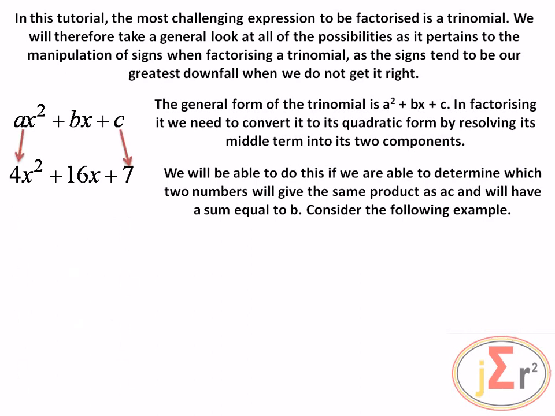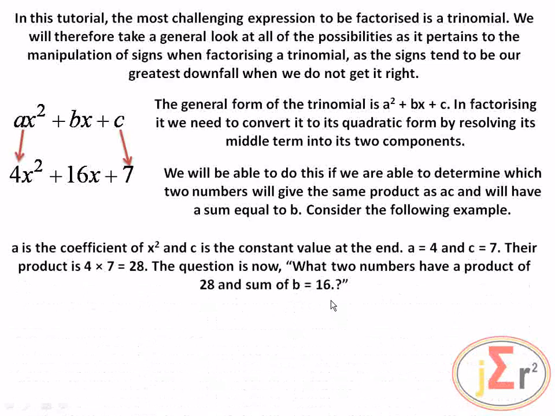There we have A and C, 4 and 7, and we need their product. A is the coefficient of x squared and C is the constant value at the end. A is equal to 4, C is equal to 7. As we have that right there, their product, 4 times 7, is equal to 28.